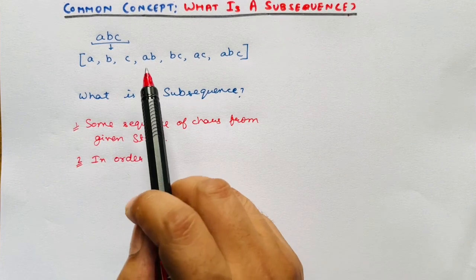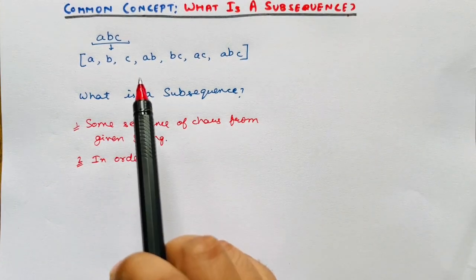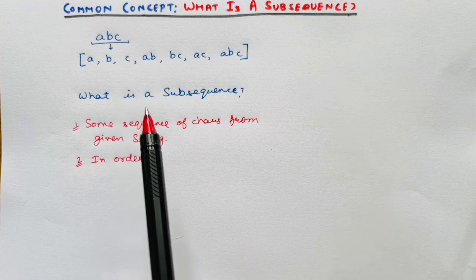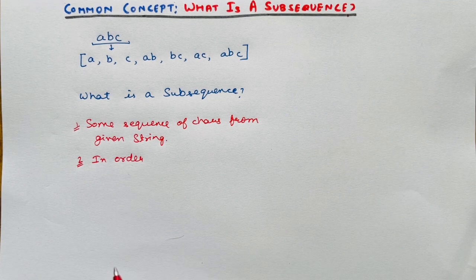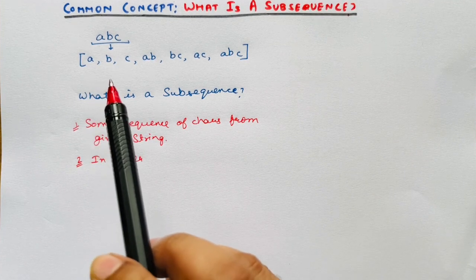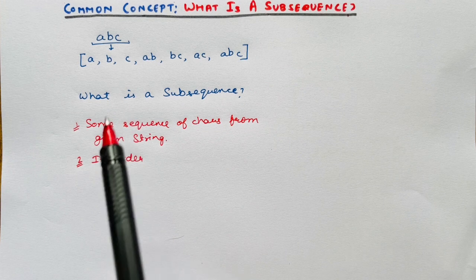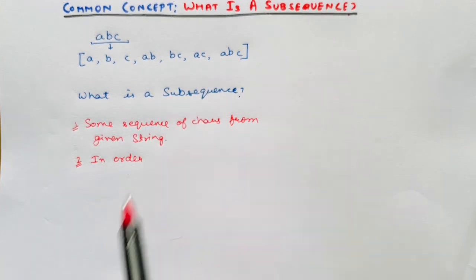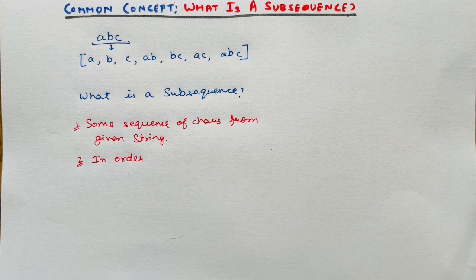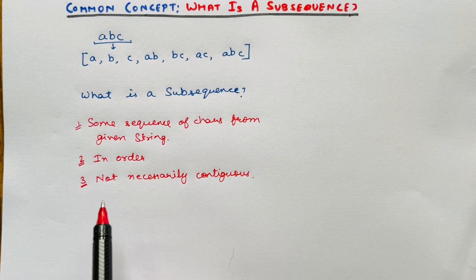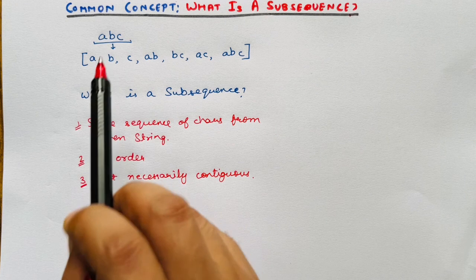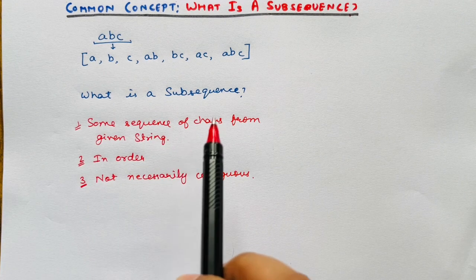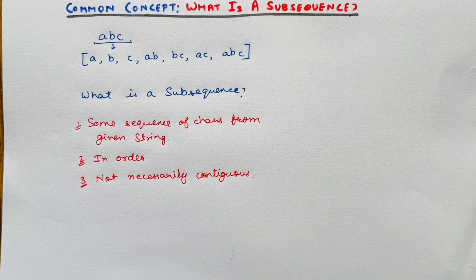Example, AB is a subsequence, but BA is not. The third thing that we can infer is that these characters that we pick, they may not necessarily be contiguous. For example, AC is also a valid subsequence. These three conditions together applied on a string will give us the definition of a subsequence.